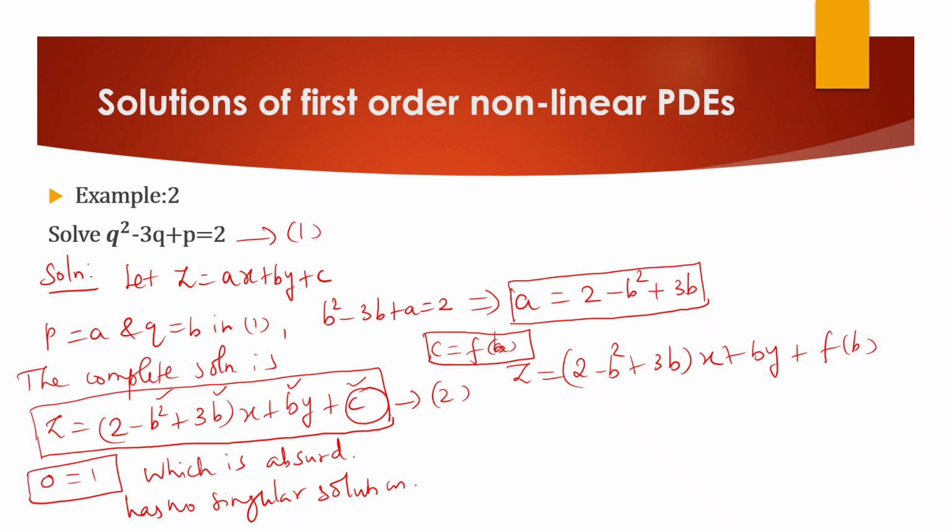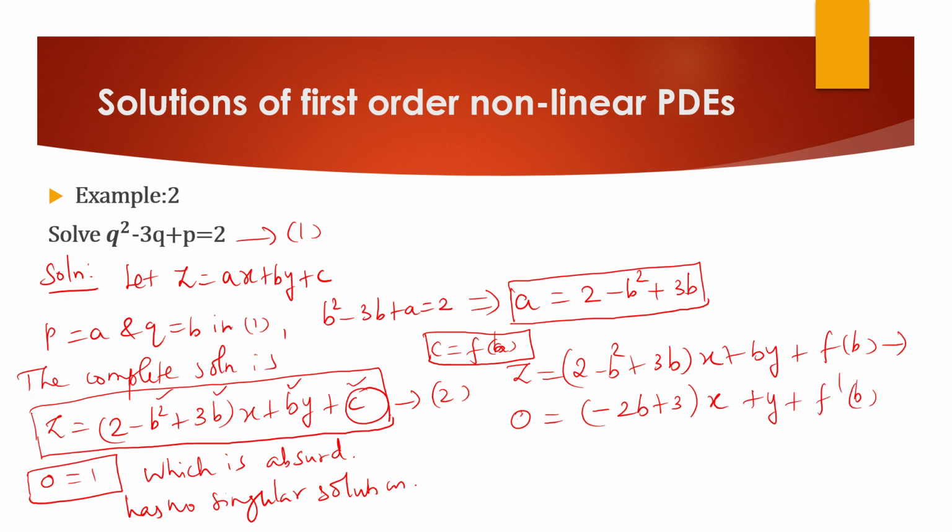So now differentiating this with respect to b, we get the left hand side is 0 and on the right hand side it is (-2b + 3)x + y + f'(b).